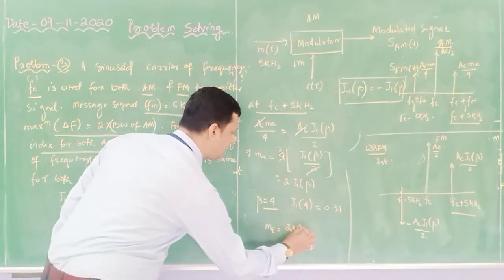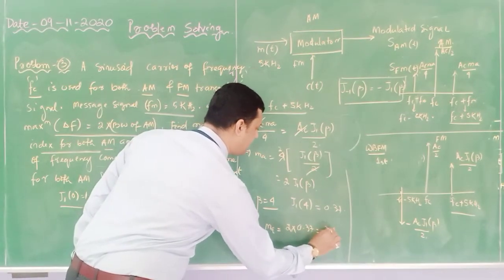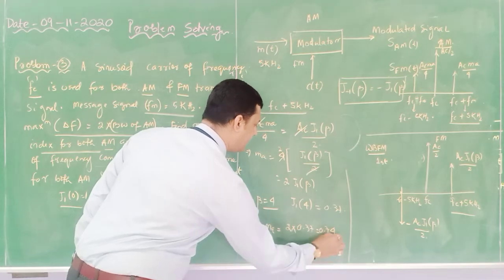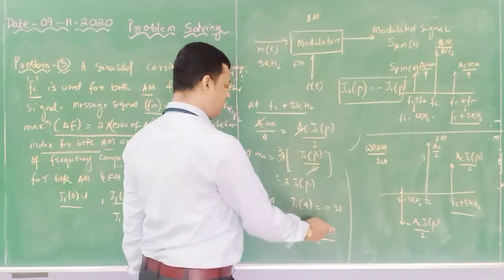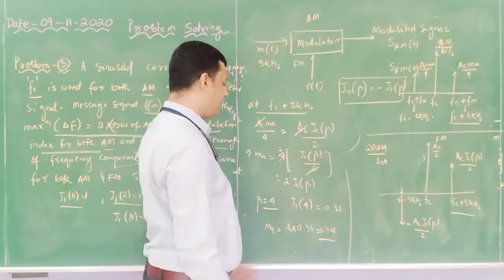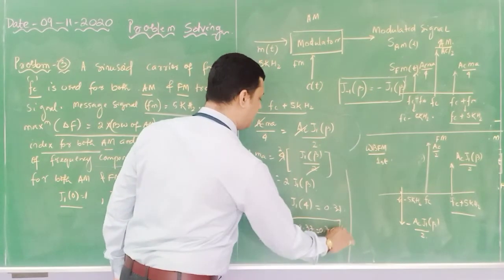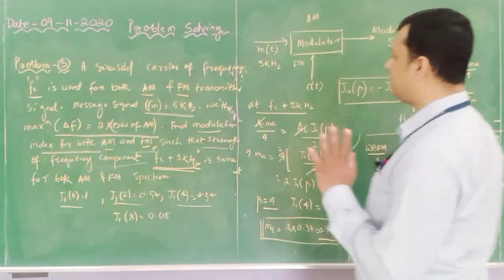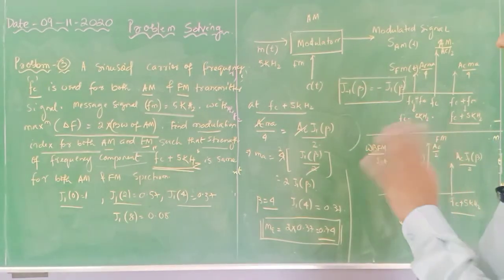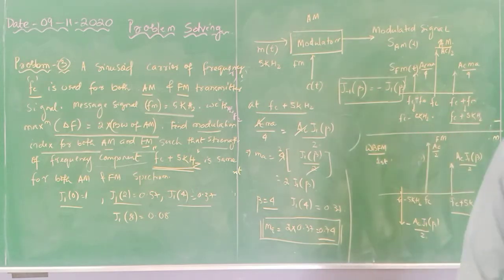The modulation index is twice 0.37, which is 0.74, because 2 into 7 is 14, that is 4, and 2 into 3 is 6 plus 1, that is 7. So the modulation index is 0.74. A question like this may come in your final year exam. So go through these numericals, they are quite easy. You only need to identify the spectrums, the position of the spectrum, what the amplitude will be, equate it, and find the modulation index.